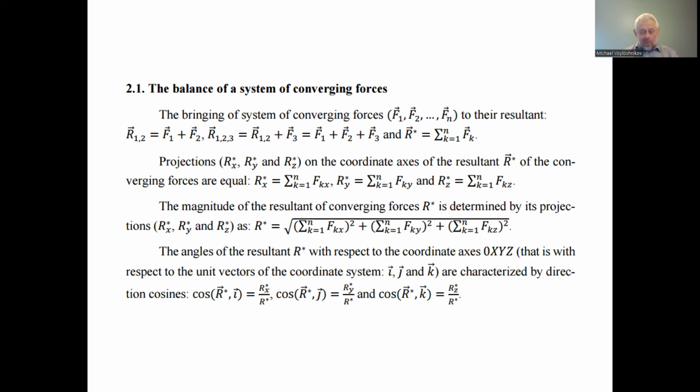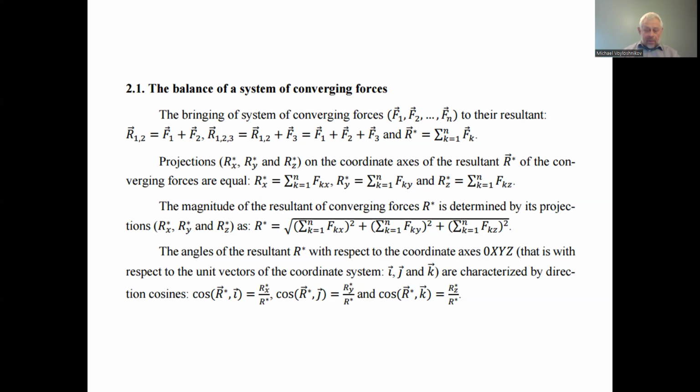We have no rotating moments of the convergent forces relative to the reference point. So we can reduce the condition of the balance of a system of convergent forces just to the resultant of the convergent forces being equal to 0.